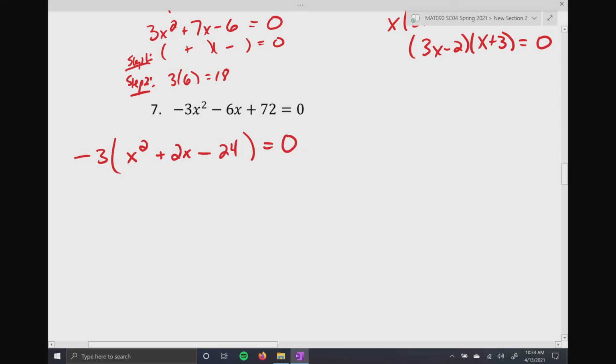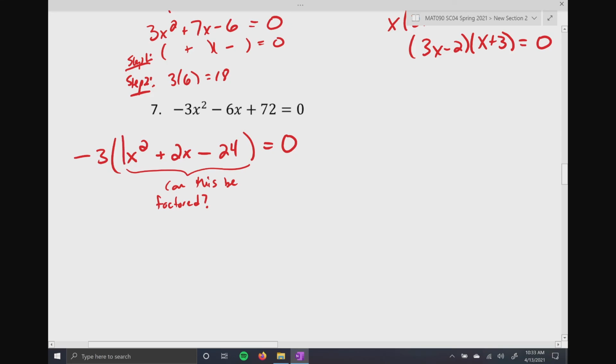Now the question becomes, can this be factored? Okay? And there's only one way to try it. We factor out the GCF. This is a trinomial, and the number in front of the x squared is a positive 1.